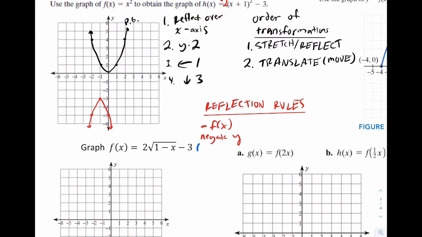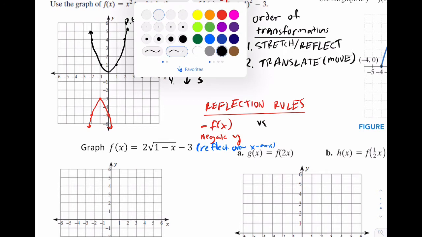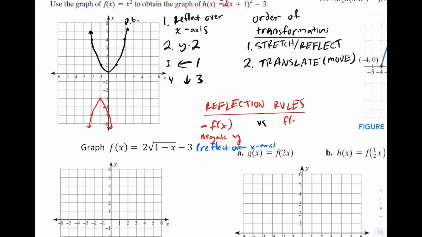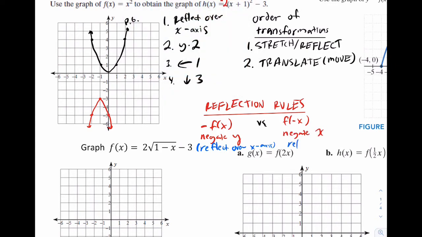So effectively, you're going to reflect over x. Versus, if you see the negative on the inside, f of negative x, that means you're going to negate all the x values. And if you negate the x values, that means you're going to reflect over the y-axis. That's a quick tip for reflection.